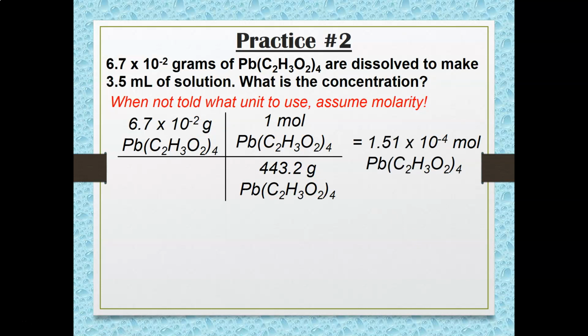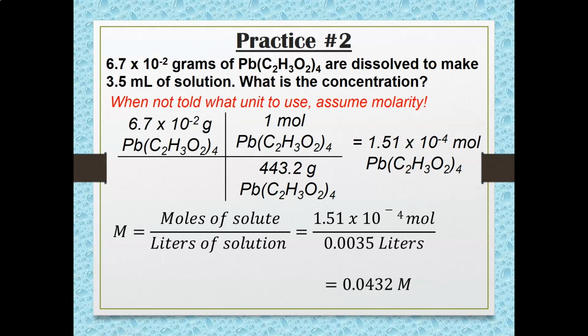Now I'm going to do moles of solute over liters of solution, so I need to convert this. 3.5 milliliters needs to get converted into liters. Remember, you can use your King Henry to help you do that. Move your little decimal around. So you can see I put my moles on top, I have my liters of solution, and I get my final molarity.